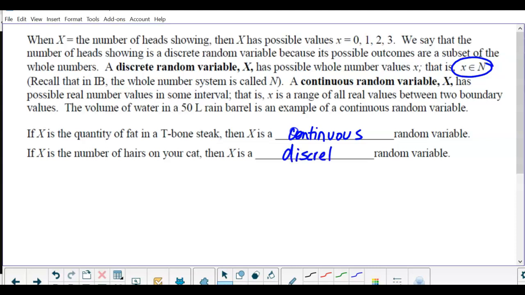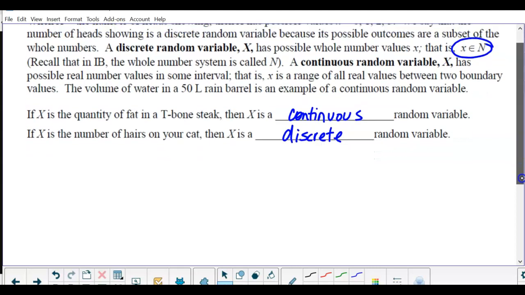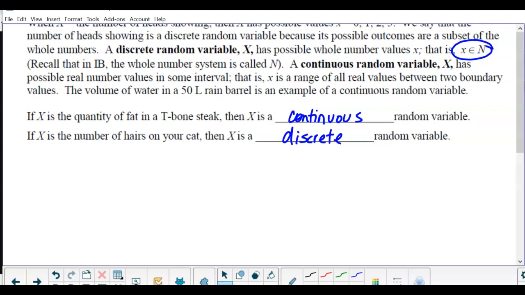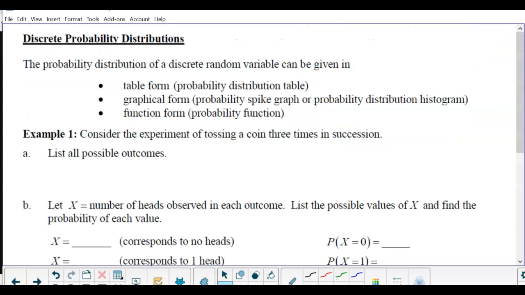You have a hair or you don't. You have 1 million hairs or 900 hairs, but you don't have 900.2 hairs. That's the difference between discrete and continuous. Right now we're going to look at discrete in more detail. In Math 35, you're going to look at continuous in more detail, if you're doing HL.